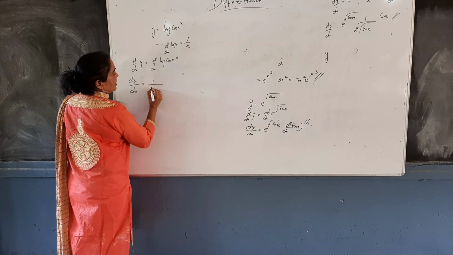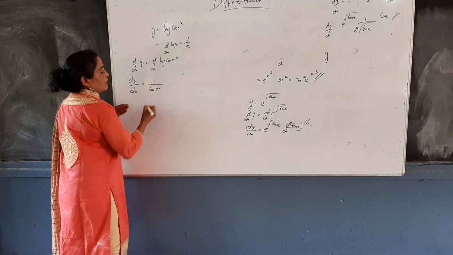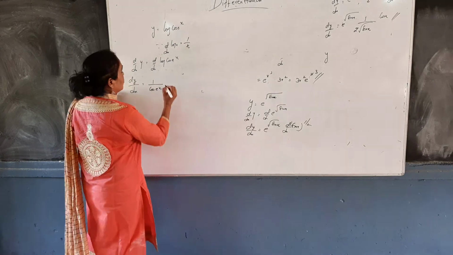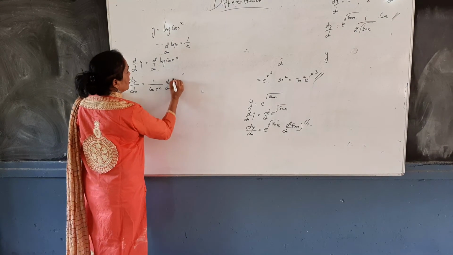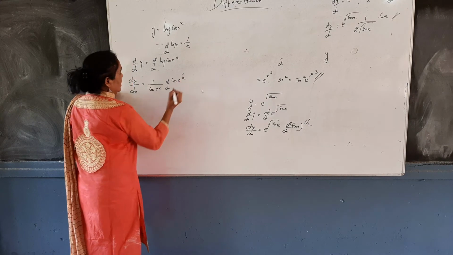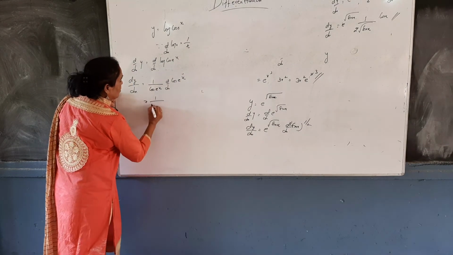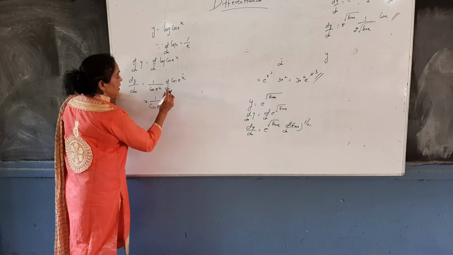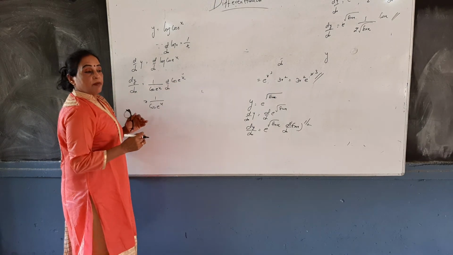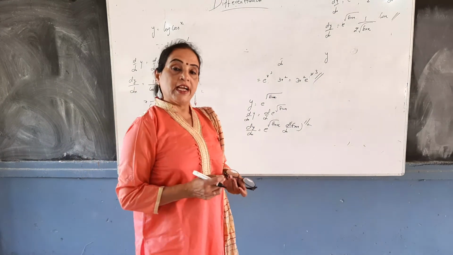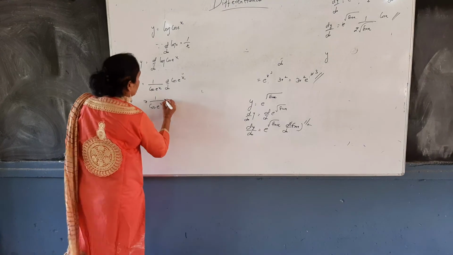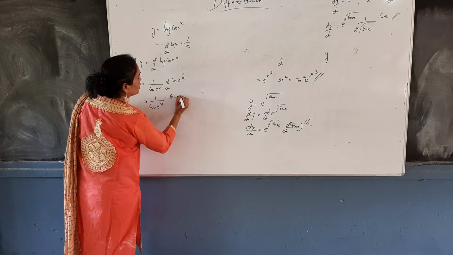So we will get 1 by cos e to the x into d by dx of cos e to the x. Further we will get 1 upon cos e to the x into d by dx of cos x. D by dx of cos x is minus sin x, so it will be here into minus sin e raised to power x.